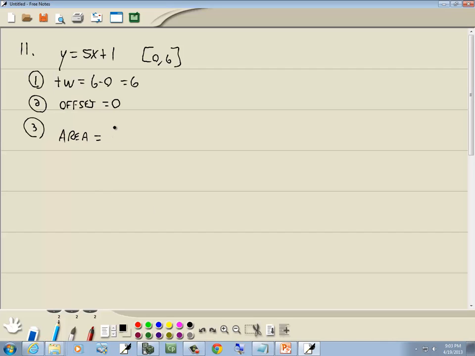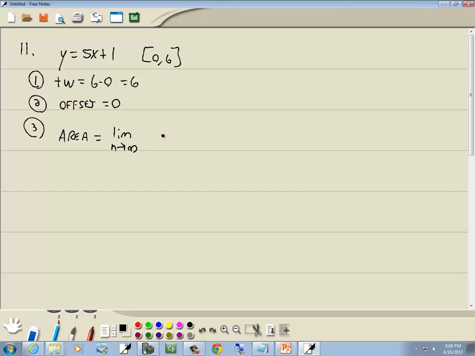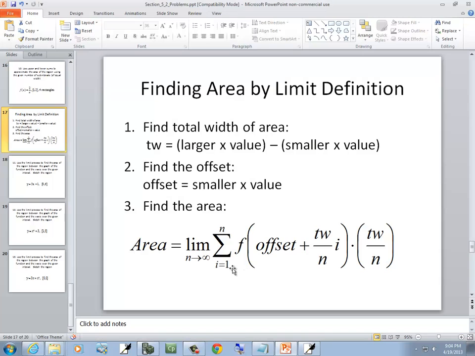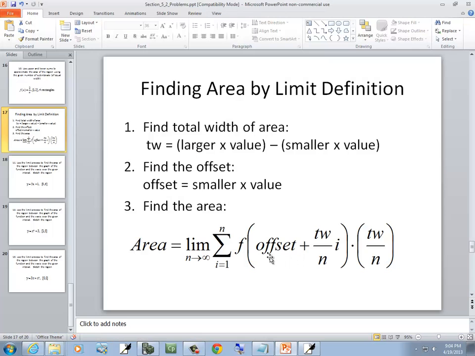So we got the area is equal to the limit as n goes to infinity of the sum of i equals 1 to n. Now it truly is n here. It's not like 4 rectangles or 8 rectangles. We're looking at an infinite number of rectangles. And then we're taking this, which is the height, times the width.